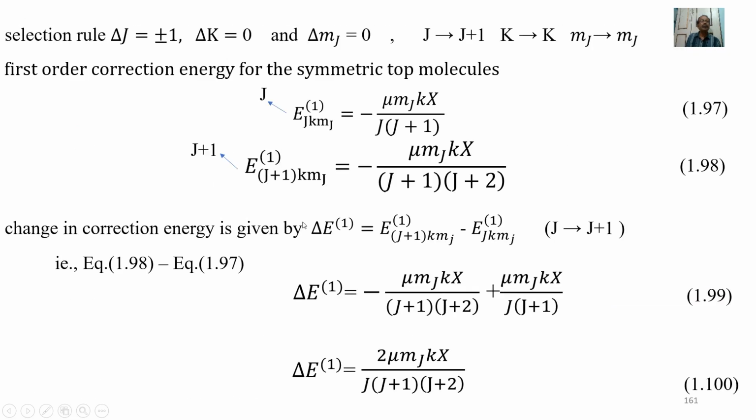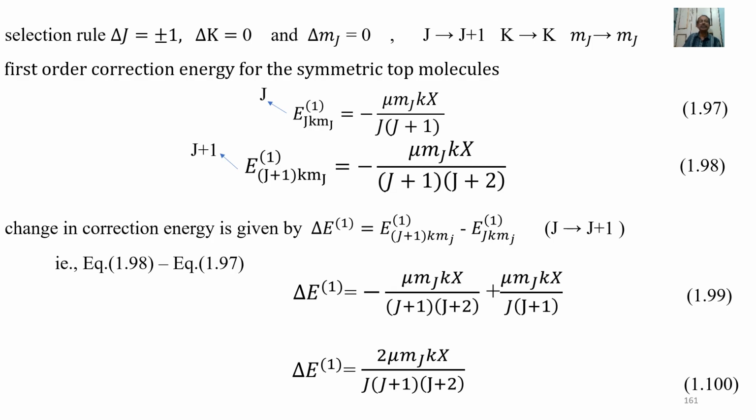The selection rule goes like this. Selection rule is del J equals plus or minus 1, del K equals 0 and del M_J equals 0. Now when the transition goes from J to J plus 1, K will have a transition from K to K and M_J also will go from M_J to M_J. That is, when J goes from J to J plus 1, K will go from K to K and M_J also will be the same.